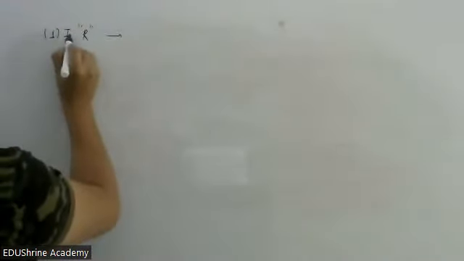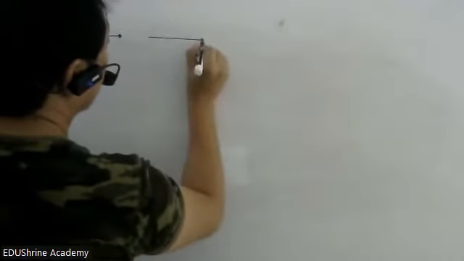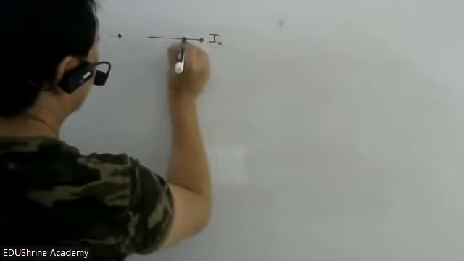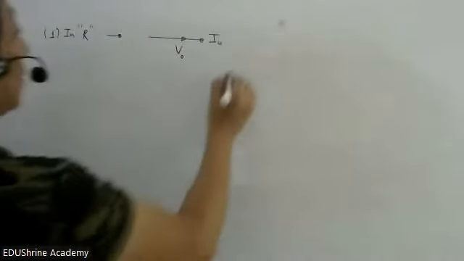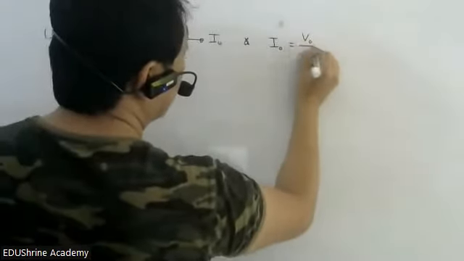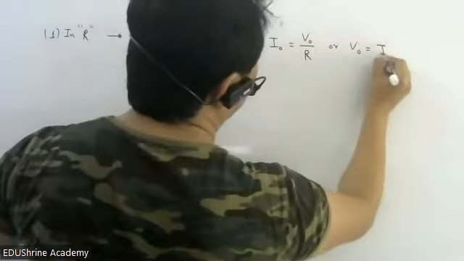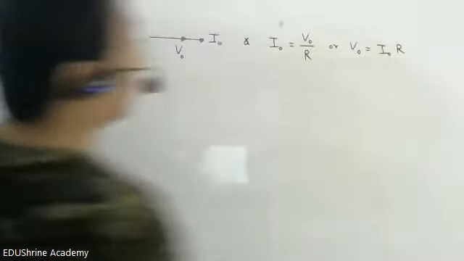So in resistor, current phasor and voltage phasor are in same phase. And I naught, if you see the derivation, was V naught by R, or I can write V naught is equals to I naught R.